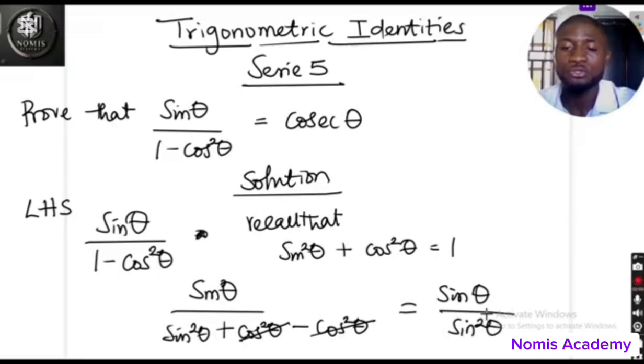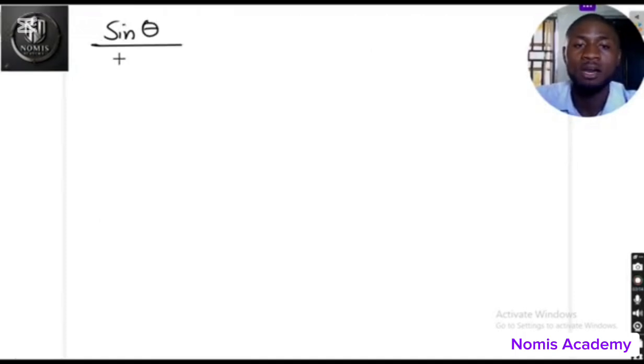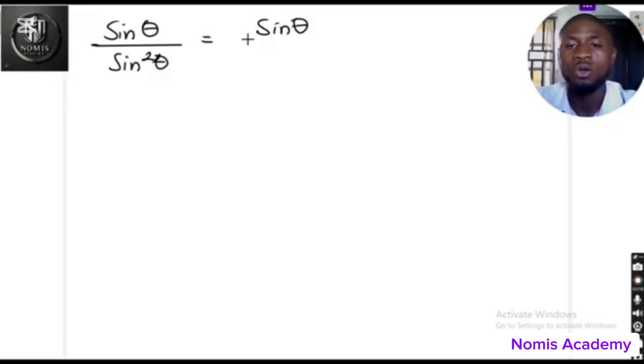So what am I going to do with this to make it look like cosec theta? Let's get to the next page. Remember, we are left with sine theta all over sine squared theta. Let us split it now. So we are going to have sine theta all over sine theta multiplied by sine theta.